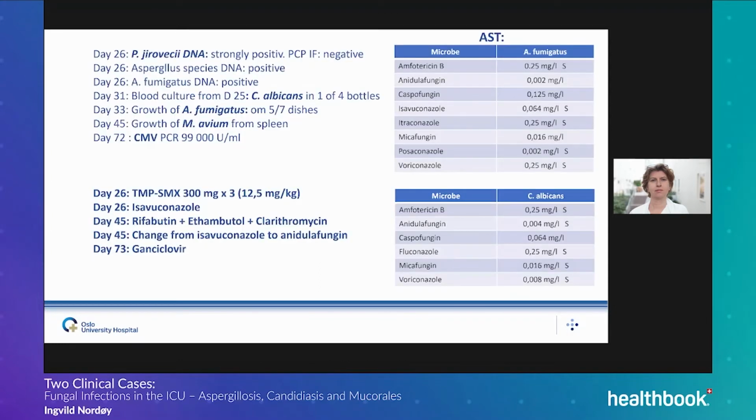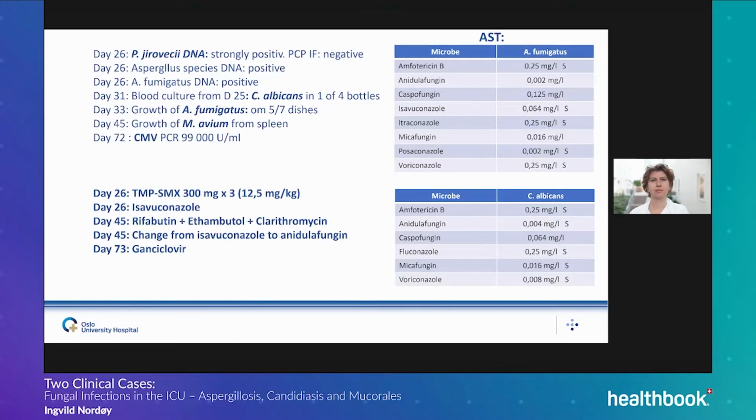Thanks. And then you see, eventually the message from the lab came ticking in. The first 2, or actually 3, answers we got were that she actually had Pneumocystis, strongly positive DNA, negative. They still do the immunofluorescence here if it's a strongly positive DNA.